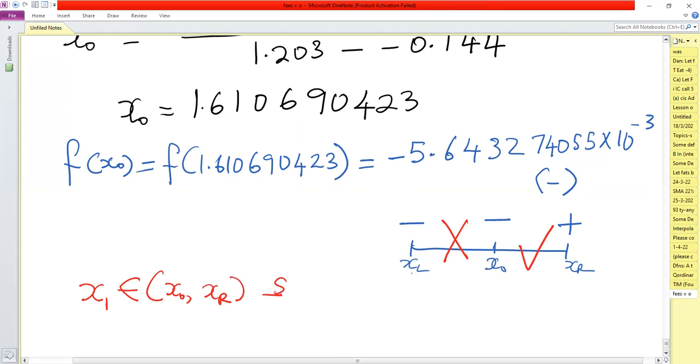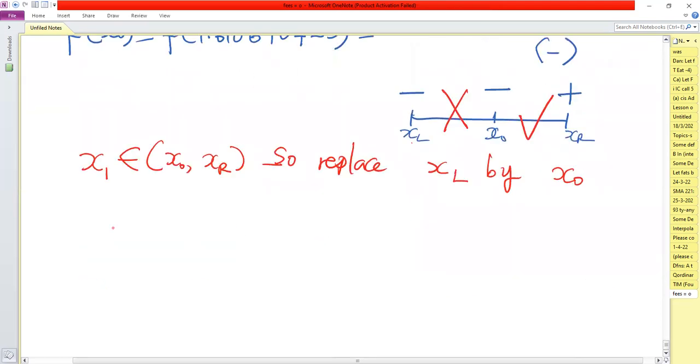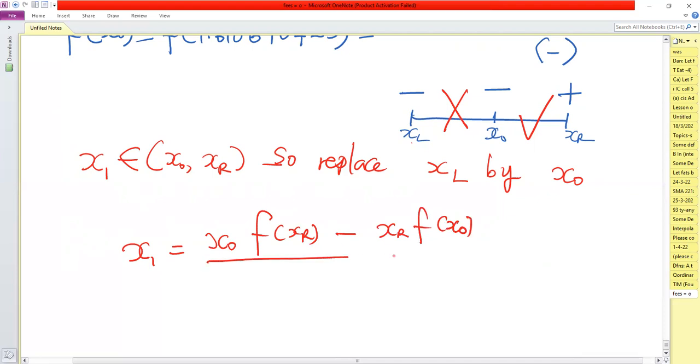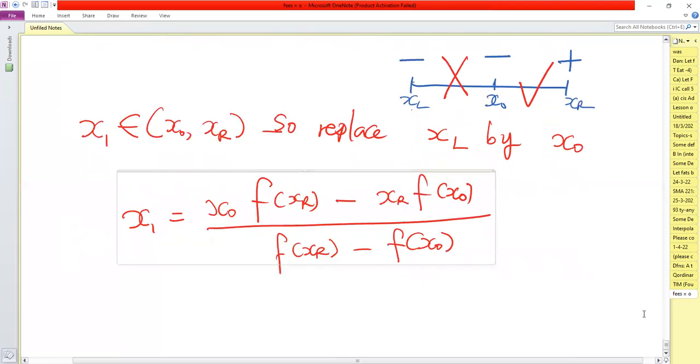So replace XL by X naught. When we do that, the formula becomes X1 equals X naught f of XR minus XR f of X naught, divided by f of XR minus f of X naught. So let's put in the values.